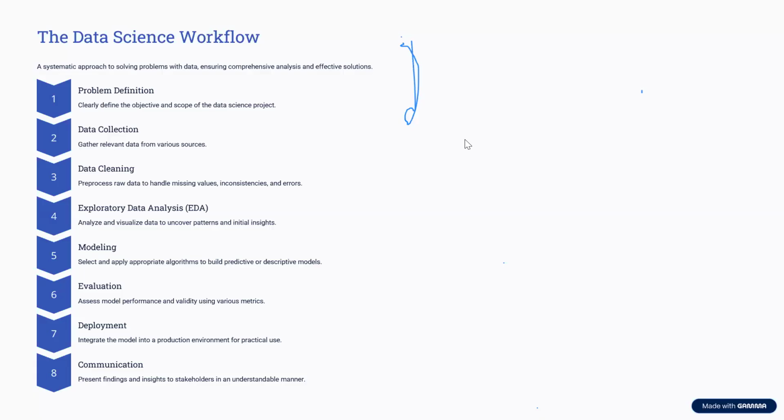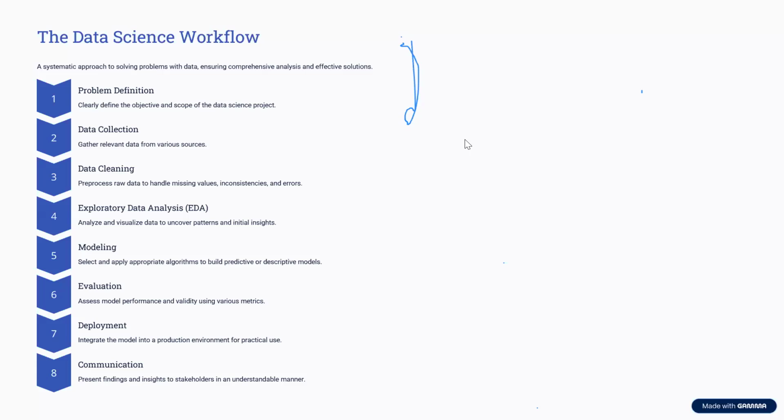Okay, so this is a workflow, a guide to show you some of the steps that you usually find as a data scientist. There is no way you build something without defining your problem. If you don't define it, what are you building?